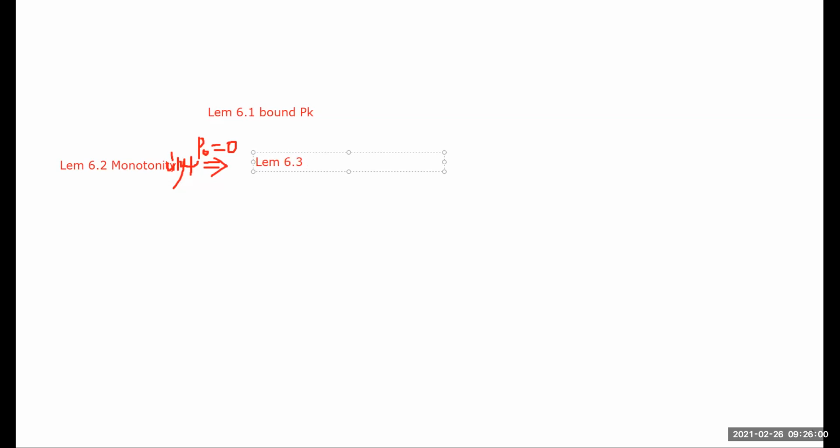So in this case, you showed the monotonicity of Pk, but this is under the condition of P0 being 0, okay? Now it has some similar result. You see this Pk is upper bounded and it's monotonically increasing. Then we know the limit exists, okay? So we know the limit exists.